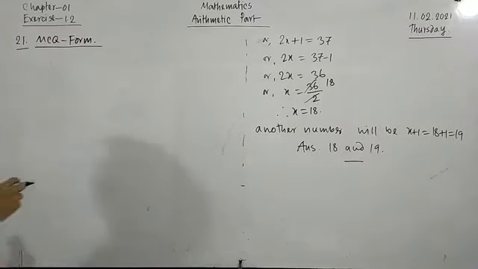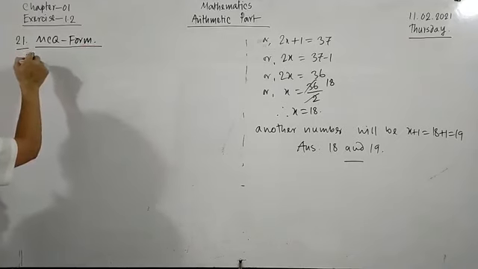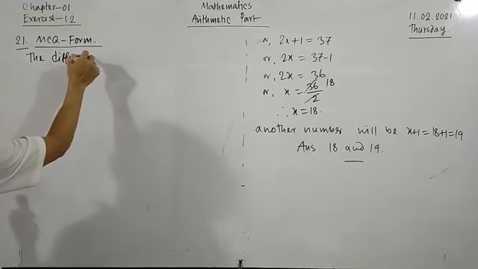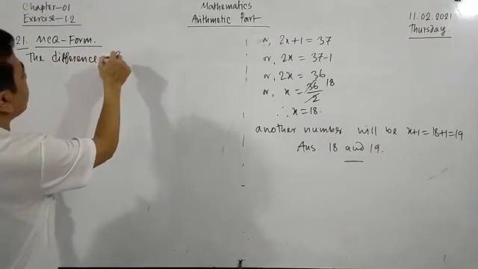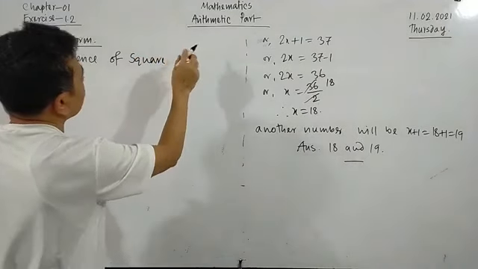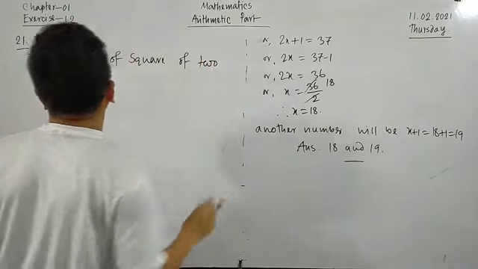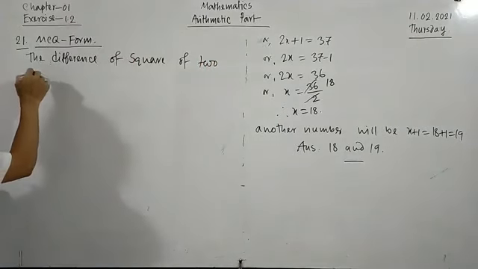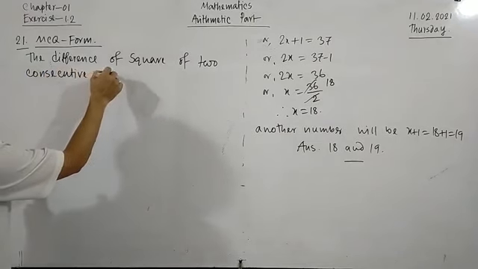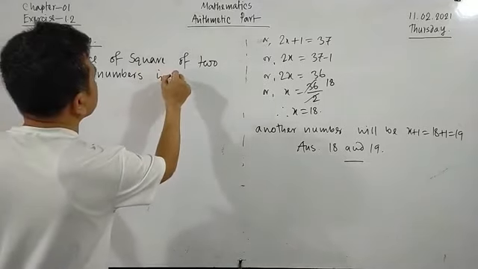The difference of the squares of two consecutive numbers is 37.